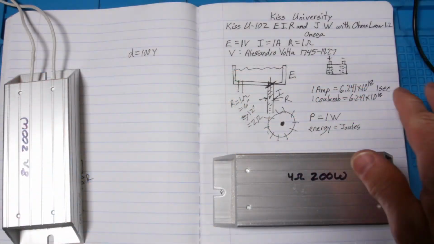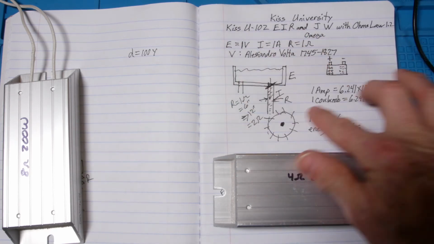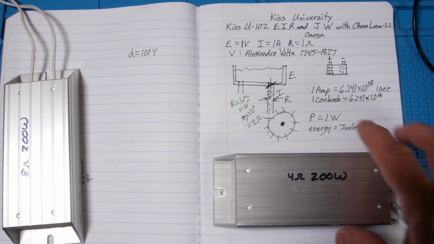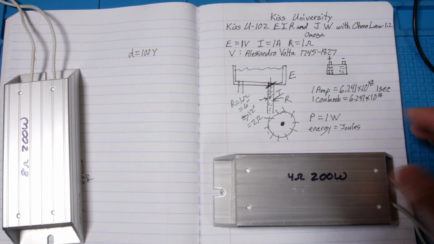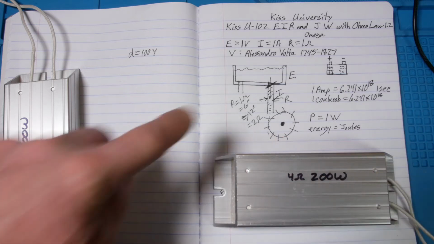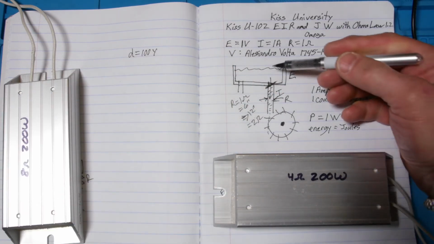Okay guys, last time we left off was KISS-U 102, and what we were talking about is series circuits doing power, doing energy, doing work. So doing work, what we're doing is we have voltage is pressure pushing down on the water.